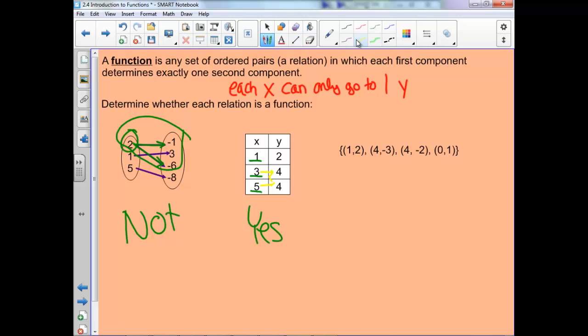Now this last one, notice we have 4 as an x twice. In this case it's paired with -3, and in this case it's paired with -2, and that can't happen, so this is not a function. Each x can only pair with one y value.